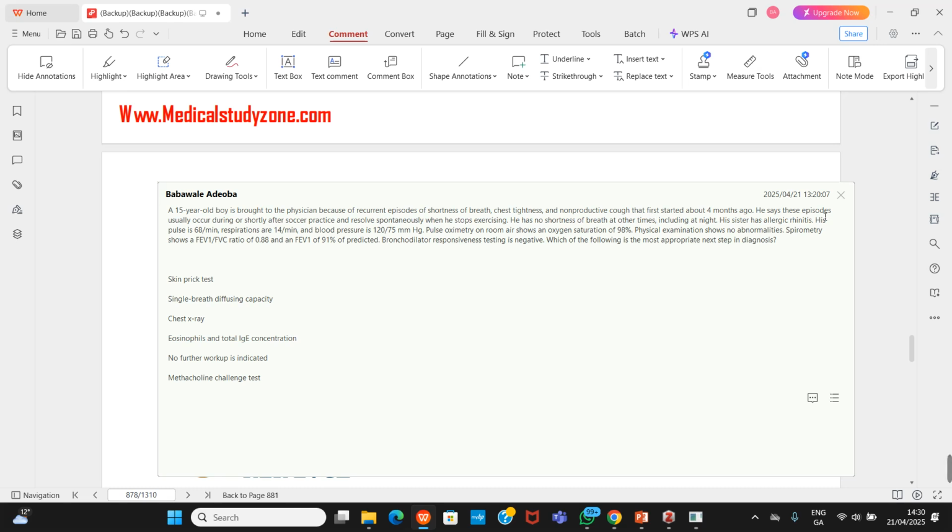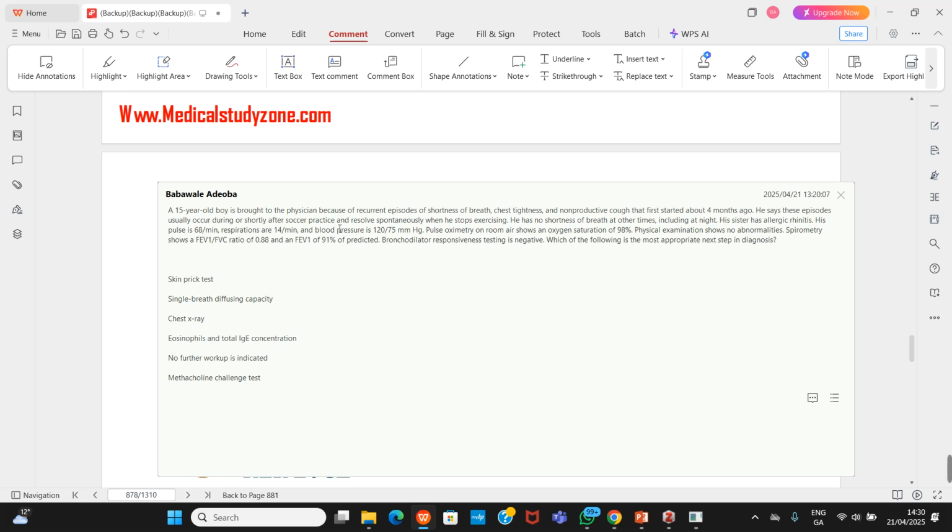He says that these episodes usually occur during or shortly after soccer practice and resolve spontaneously when he stops exercising. He has no shortness of breath at other times, including at night. The sister has allergic rhinitis, and his pulse is 68.